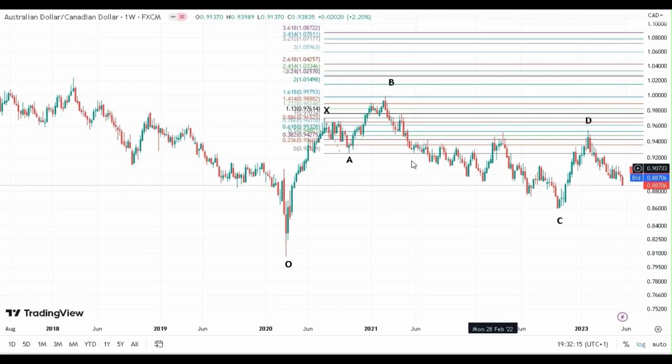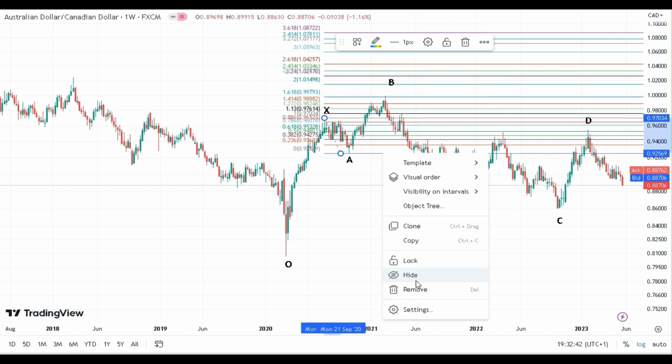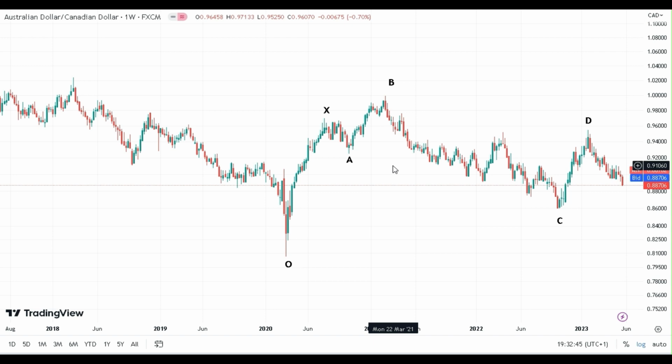Between 1.13 and 1.618. That's 1.13, somewhere around there, and this is my 1.618. So the second condition has been met. So let's remove this now. So let's bring the B very close to our point A. So this is my B point here now.